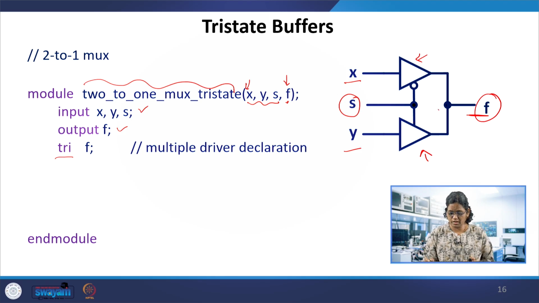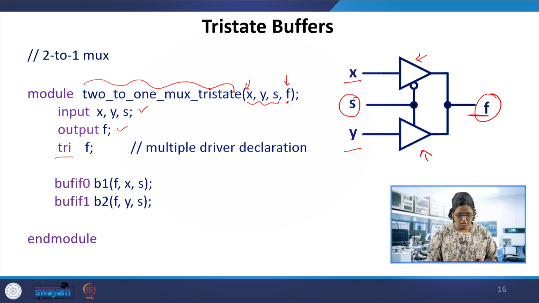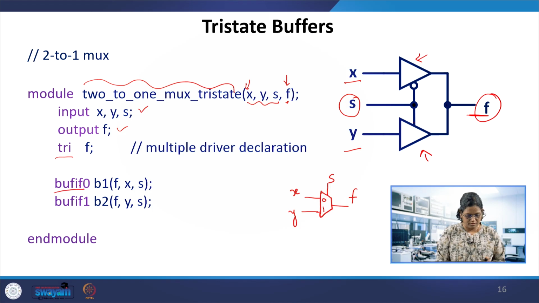So here, if we look at the instantiation, this is used for the mux, which has one select line, 2 inputs x, y, and the output F. So if it is 0, you can see the buff if 0 instantiation, that is the built-in gate.